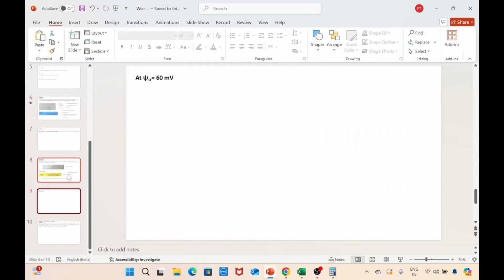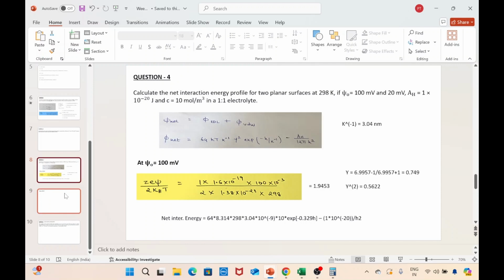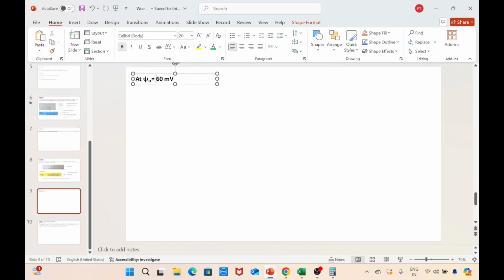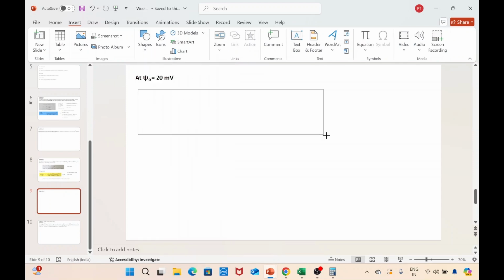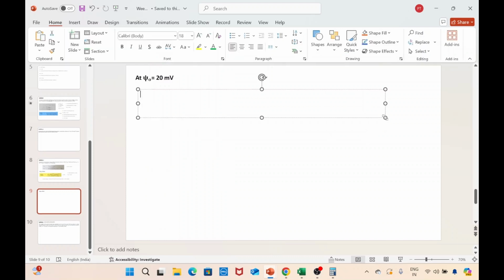Similarly, oh sorry, this is 20 millivolt. So similarly, the expression for psi naught at 20 millivolt will be: net interaction energy is equal to... I'm just going to write the expression here.